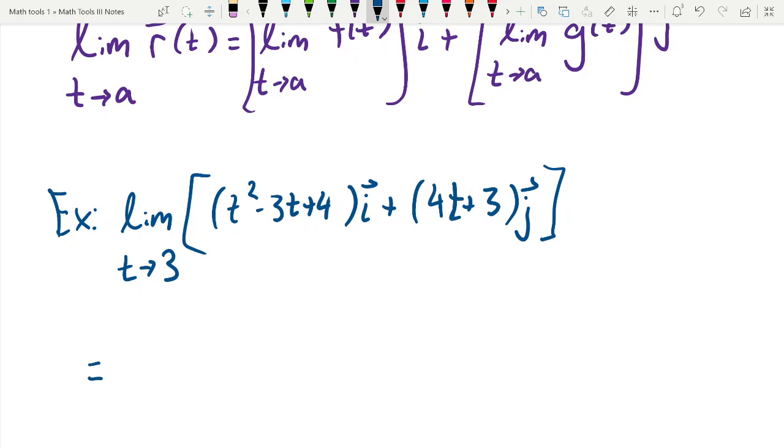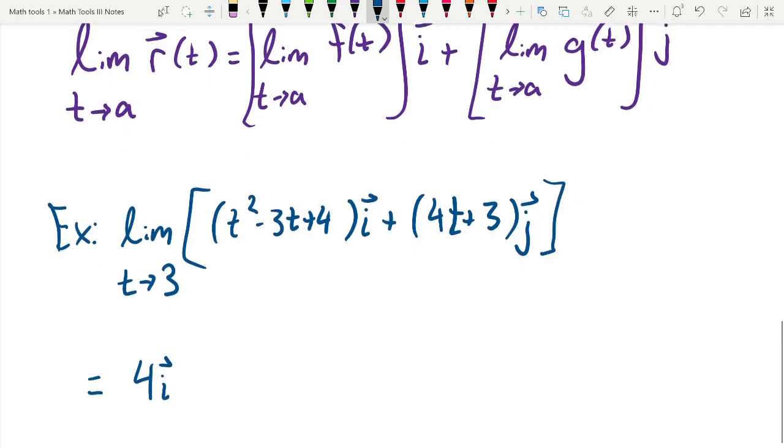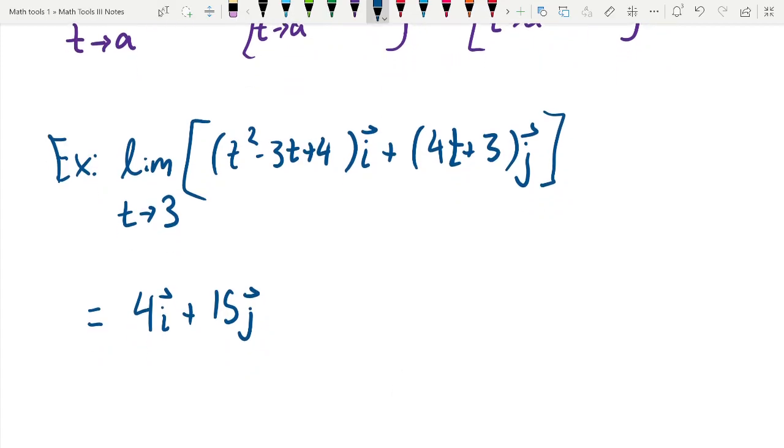This is a pretty straightforward limit, right? We just do direct substitution. So 3 squared is 9, minus 9, plus 4, so we get 4. And then the i hat just comes along for the ride. Notice that in the definitional limit here, the i hat just stays there. And then 4t plus 3 is going to be 15 j hat. Nothing more to it. So we just get 4i plus 15j.